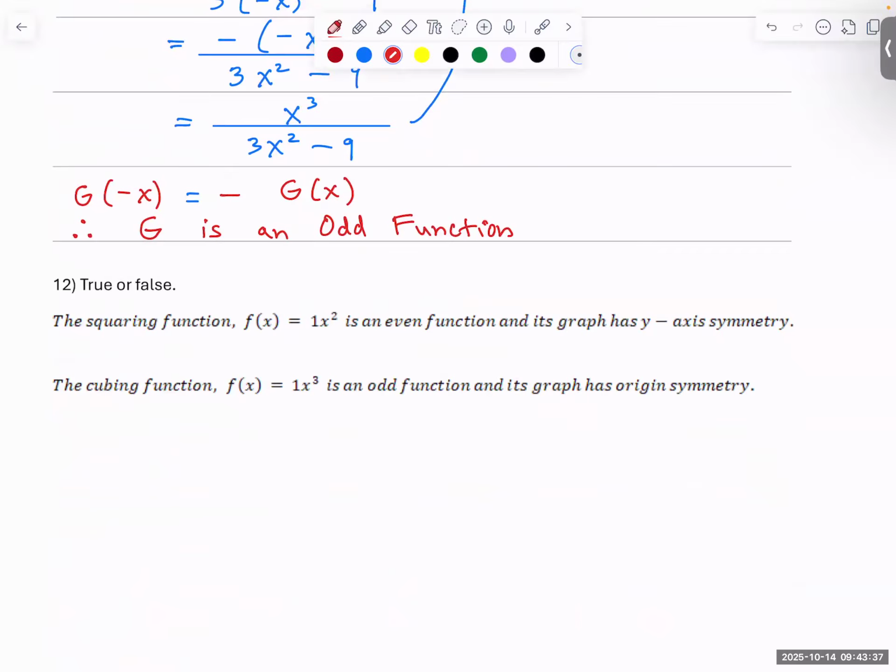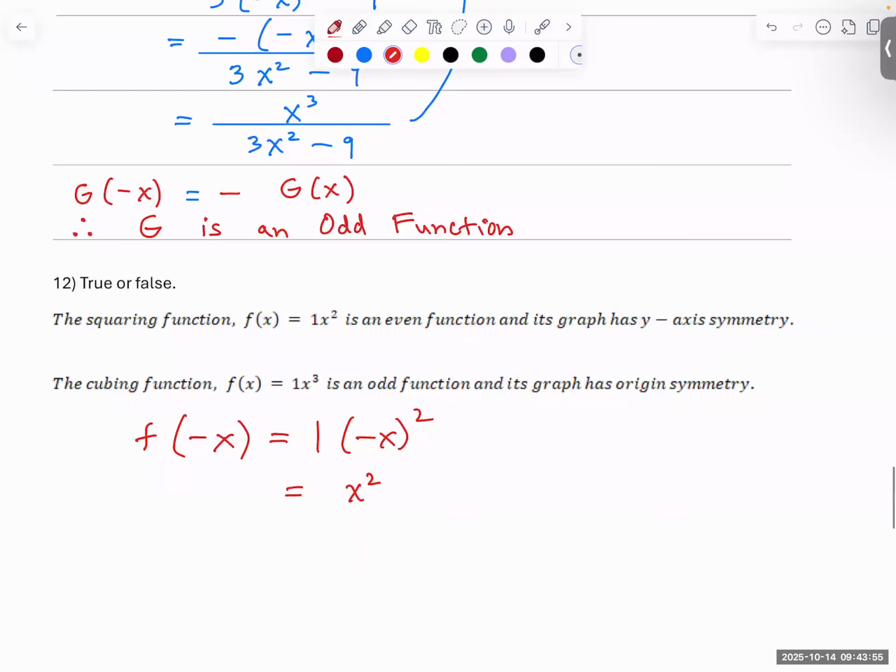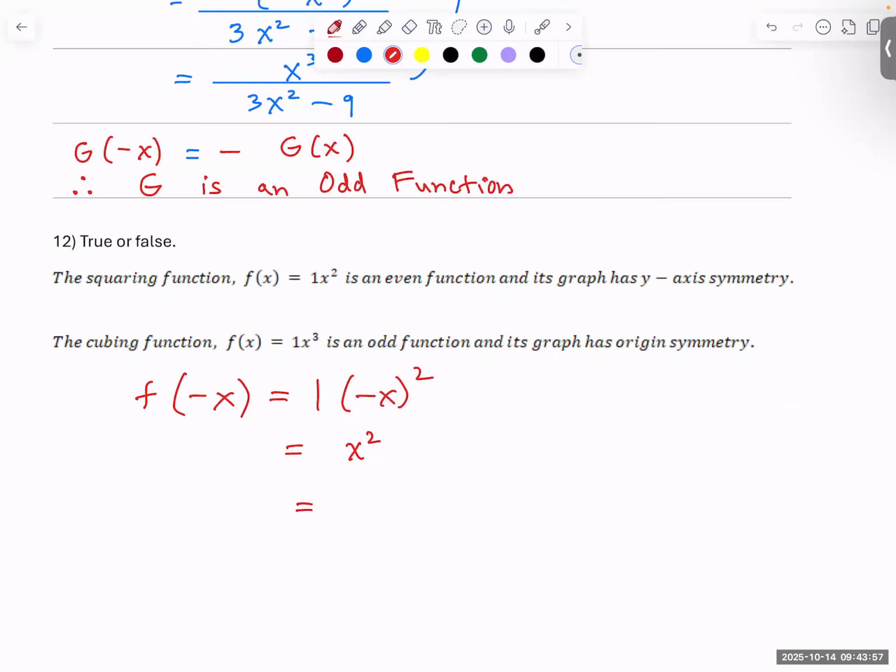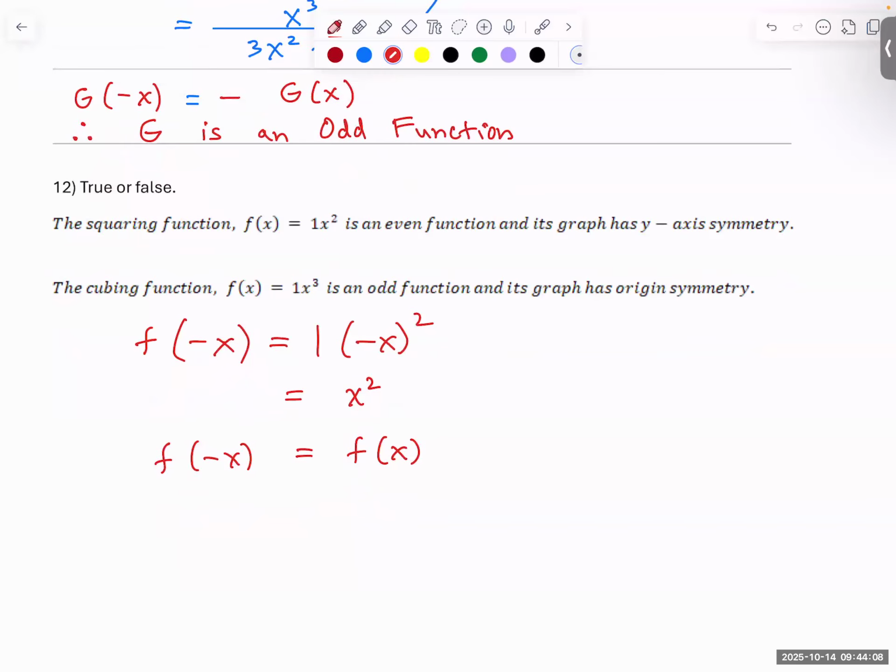The reason is, if we show algebraically what happens when you input negative x for x and simplify, we get x squared, which is f of x, the original function. So we've shown that f of negative x is the same as f of x, and this satisfies the definition of an even function, and the graph will have y-axis symmetry.